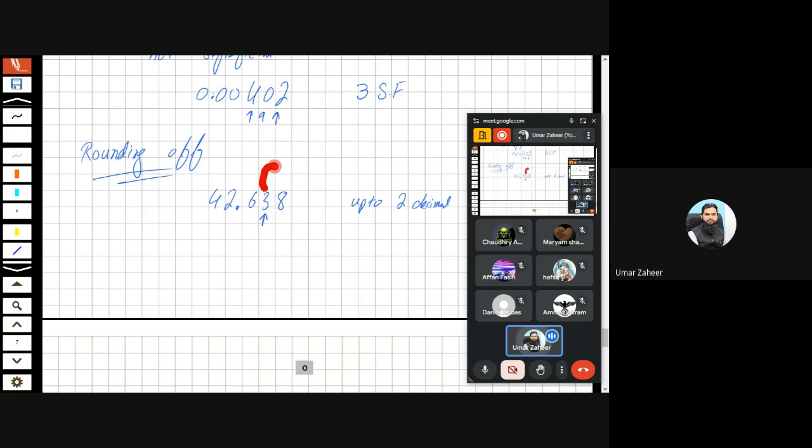If the number after this one is 5 or more than 5, you have to add 1 to this one. For example, I have to round off up to here. After 3 it is 8, so 3 will become 4. Why do I have to add it? Because 8 is more than 5. Clear?